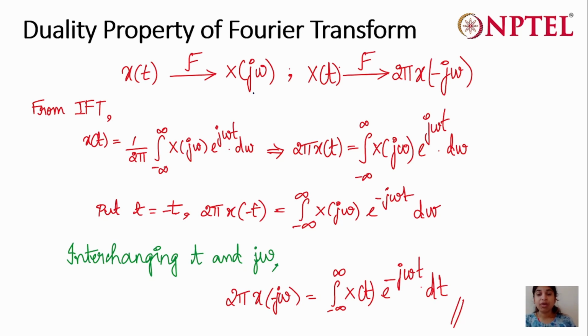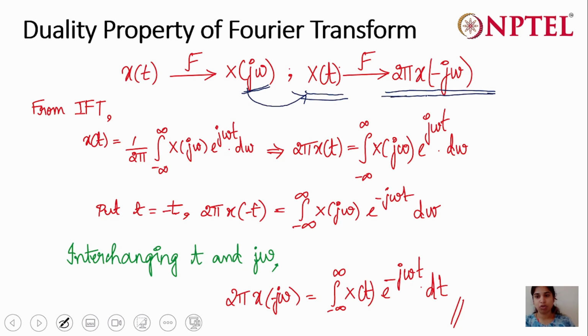Now, if I have capital X of t, that is, instead of j omega I have t, the Fourier transform for this will be 2 pi into small x of j omega. This property is called the duality property of Fourier transform. Let us see how we get this expression.